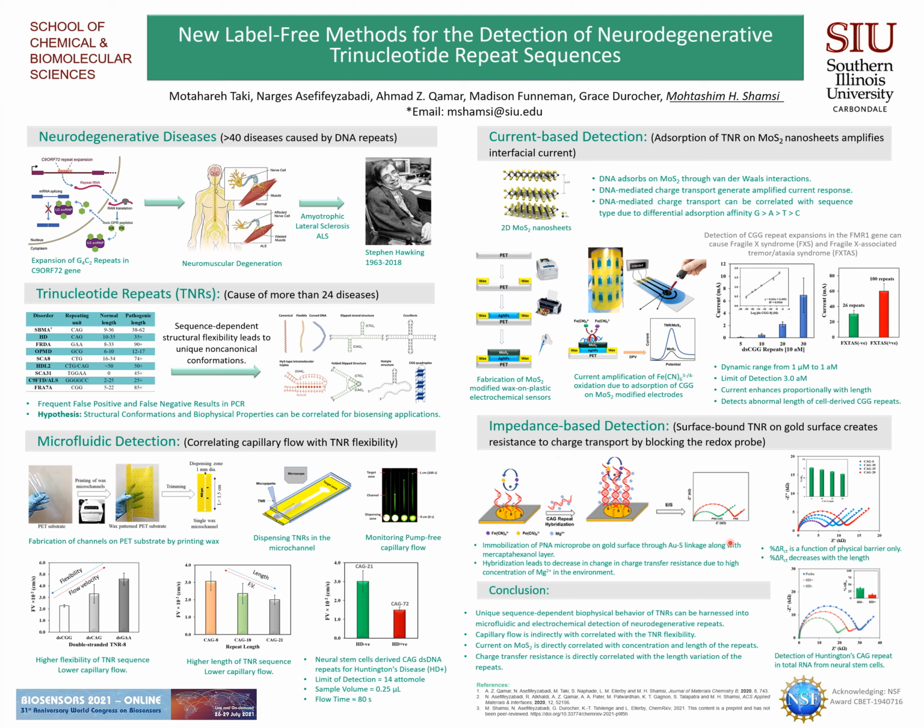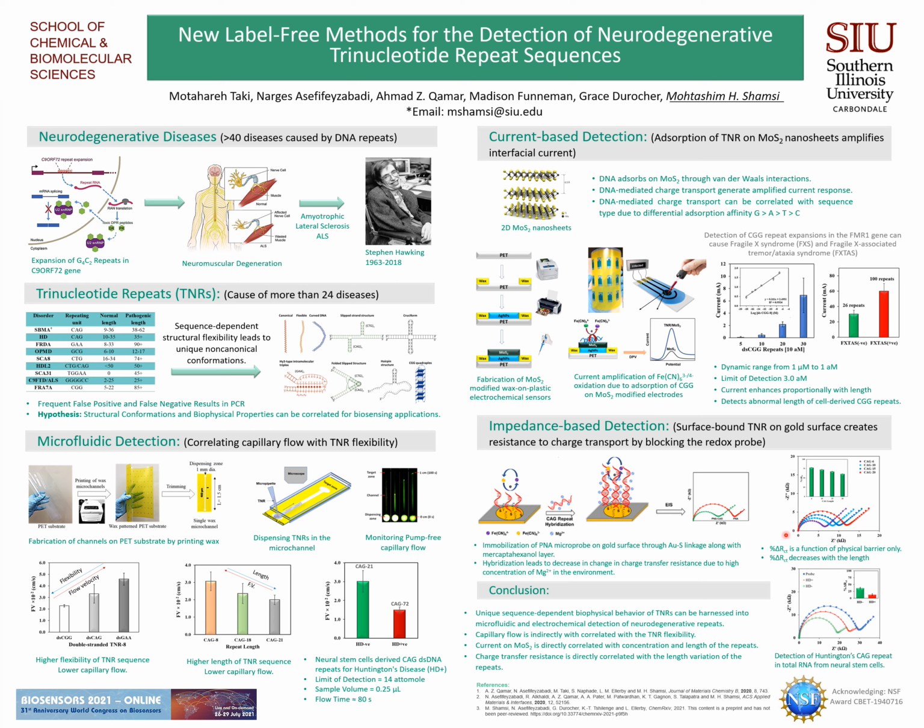The magnesium ion neutralizes the negative charge of the DNA targets, and surface impedance is only a function of the length of the target. This increases the resistance with the length, and the change in resistance before and after hybridization of the target was used to compare abnormal and normal repeats in total RNA extracted from neural stem cells.